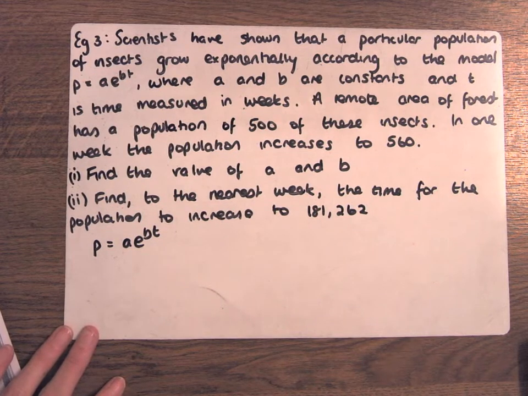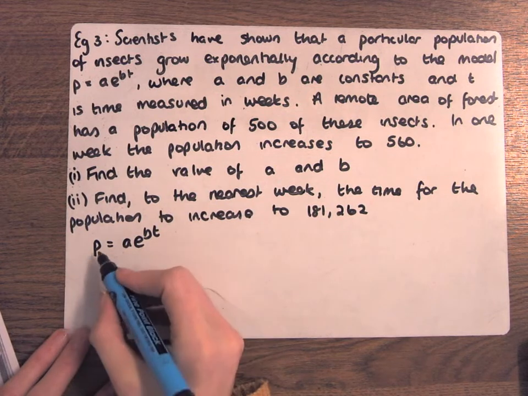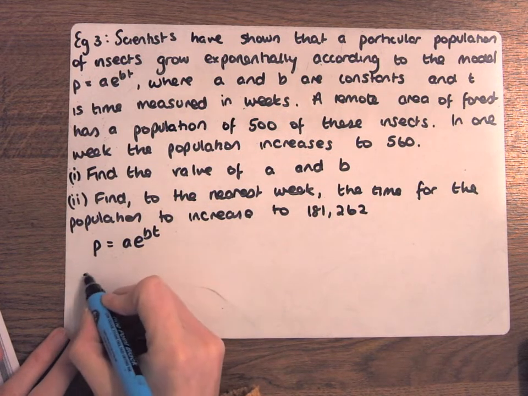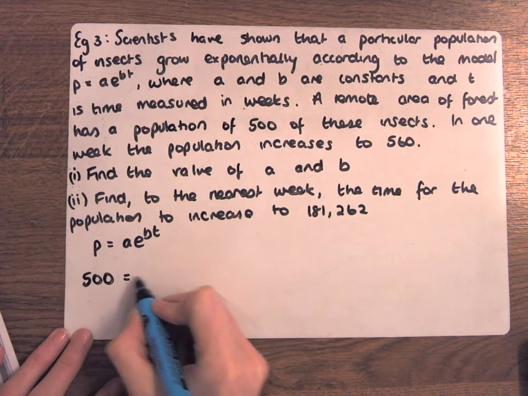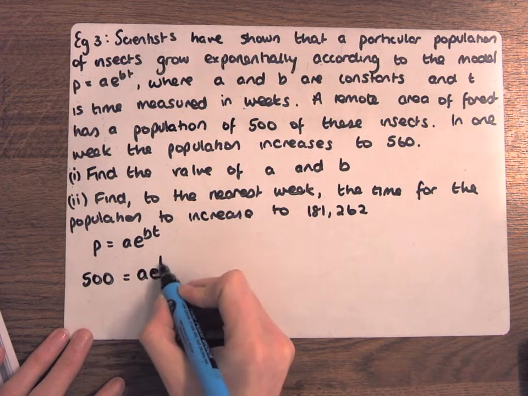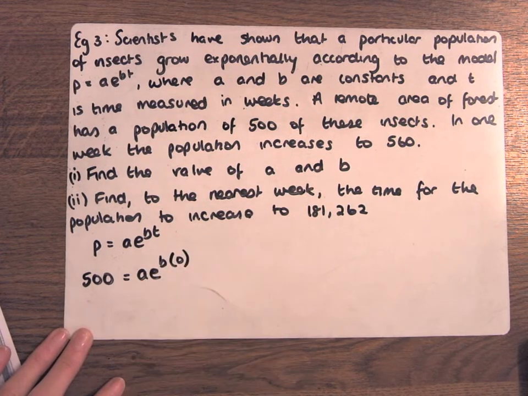At the beginning your t is 0 and that's going to help you to find A and B. So at the beginning the population was 500. You're always going to try and fill in that t is 0 if they give you an initial value, or at the beginning, at the start.